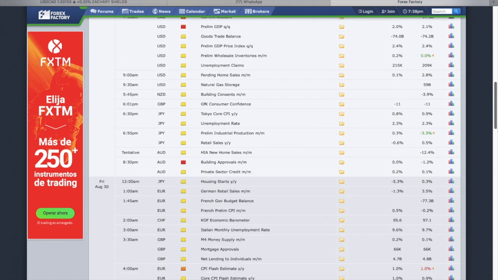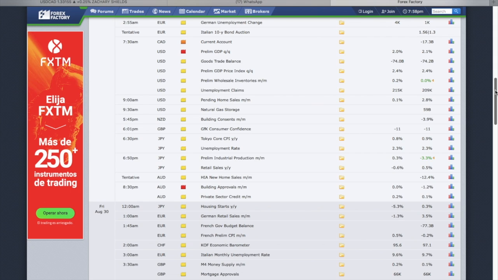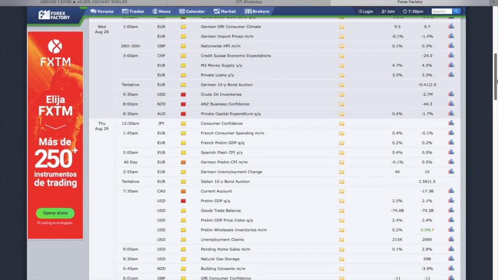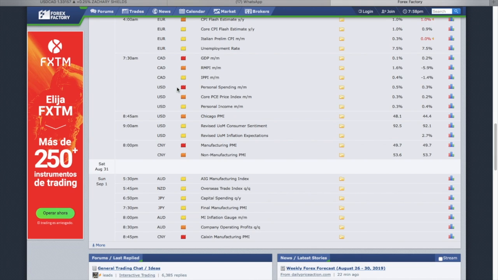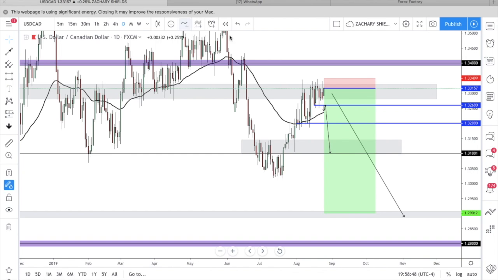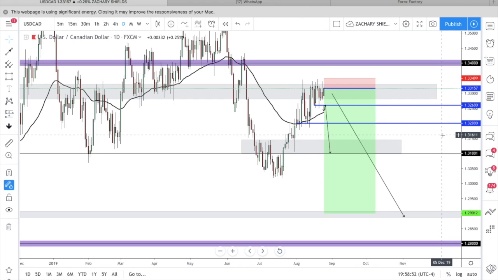Dollar prelim GDP, which is something to watch out for. And then we have GDP for CAD and personal spending. There's a chance that on Friday, because we have kind of a double trouble situation, CAD and USD news, that could break us out and take us below 1.326. And from there on, we can swing this position as far as possible before seeing some pullback.